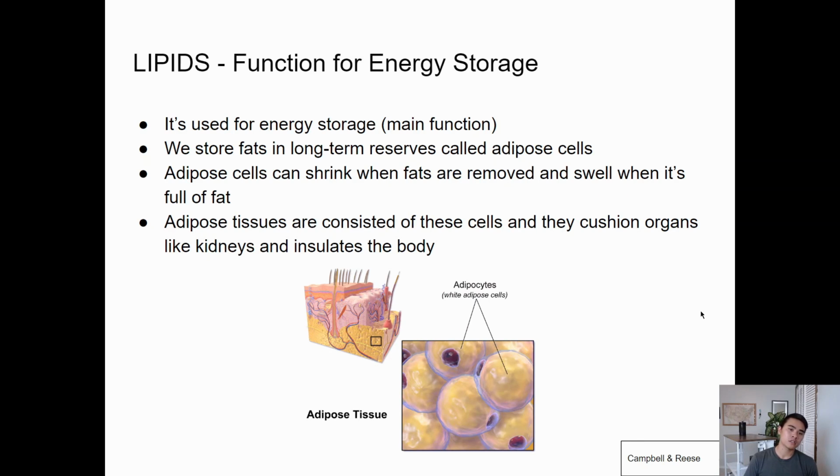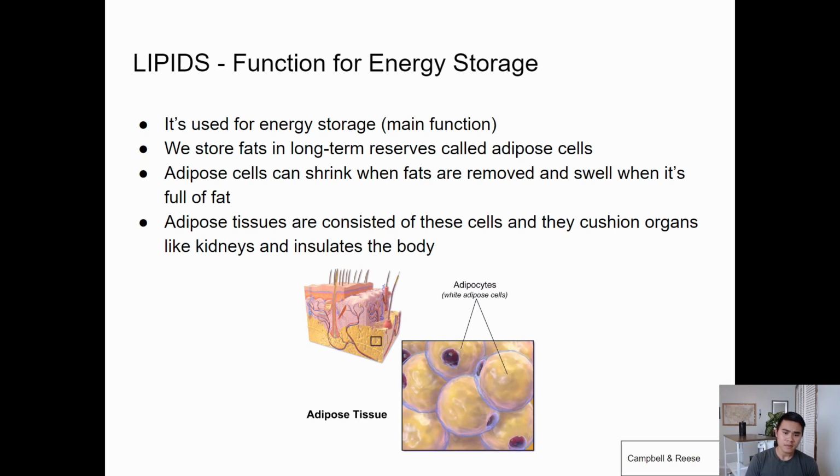Another function for lipids, I don't think we talked about it yet, is energy storage. So humans store fats, and animals too, in something called adipose cells. Adipose cells shrink when fats are removed, and they swell when they're full of fat. So think of it as very variable depending on how much fat is stored.